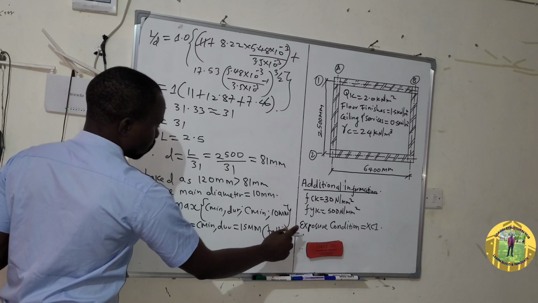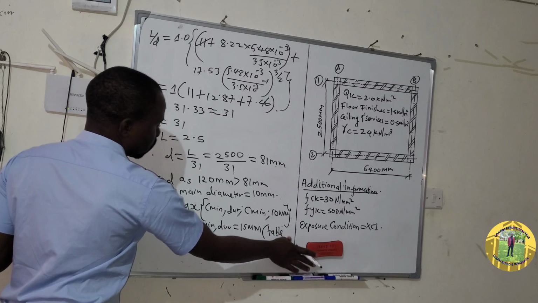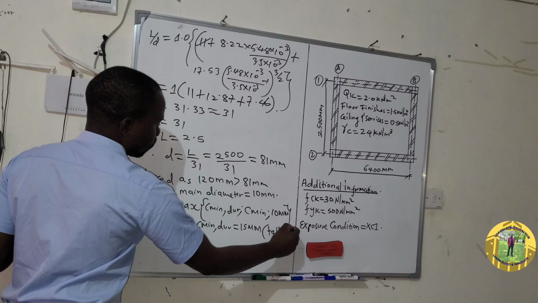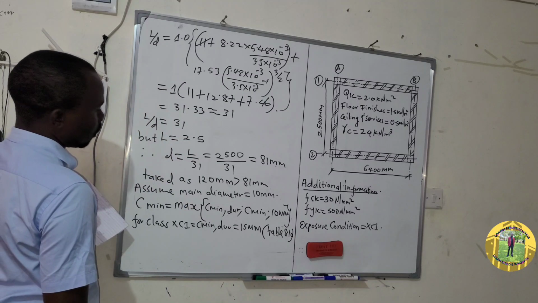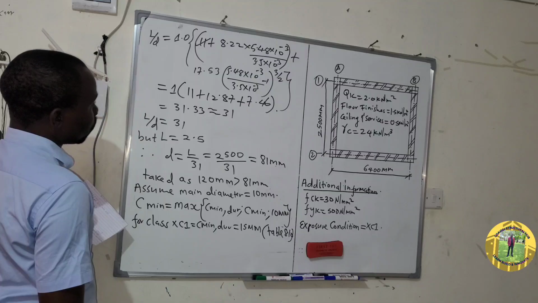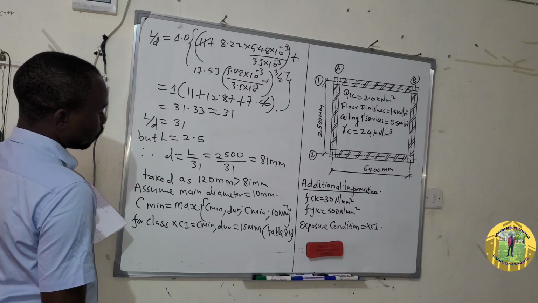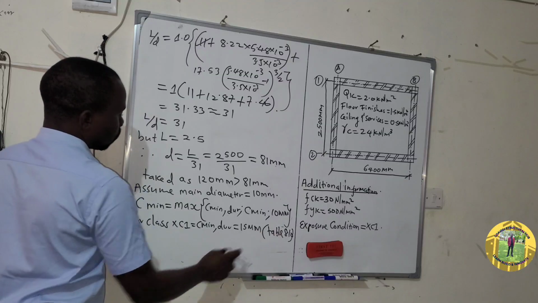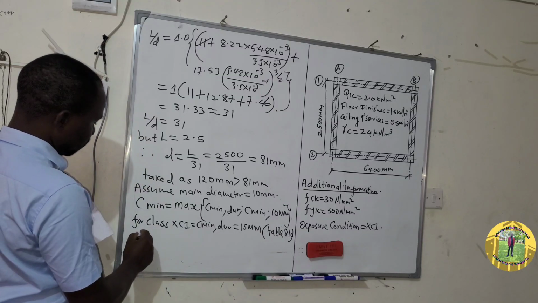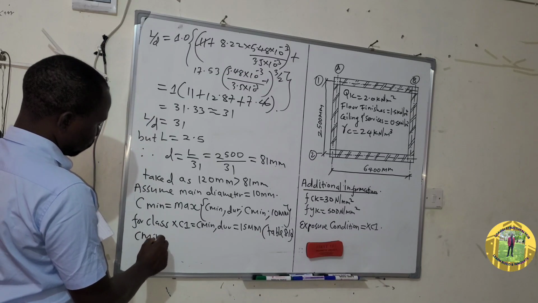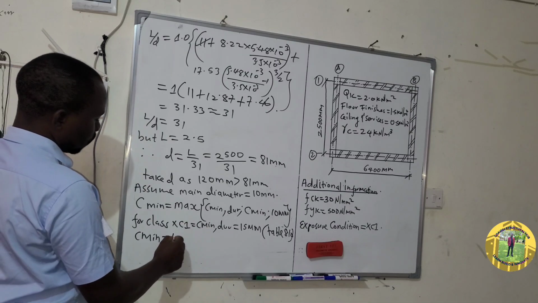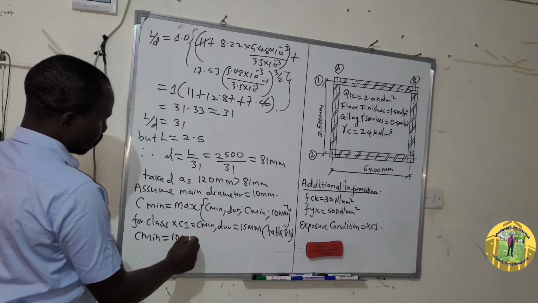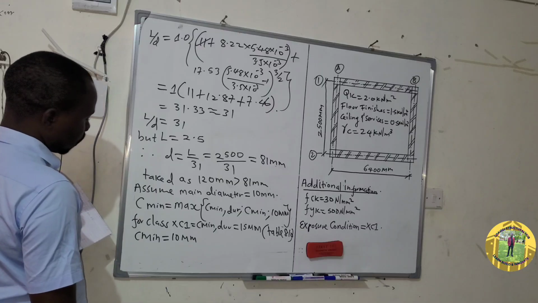So this one is obtained in table 8.10. So I show you the table. The first table is table 8.11 and 8.10. And then the C minimum is equal to 10 millimeters.